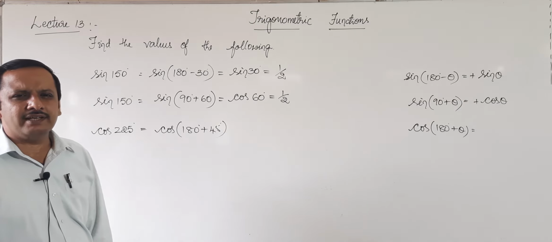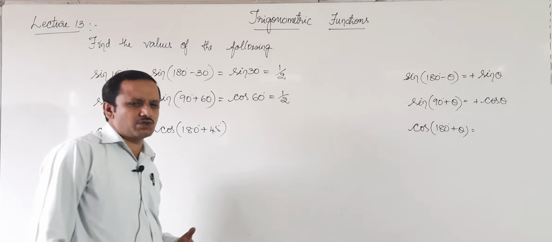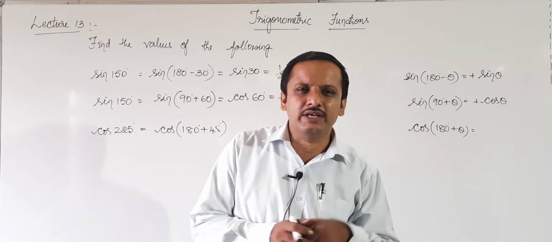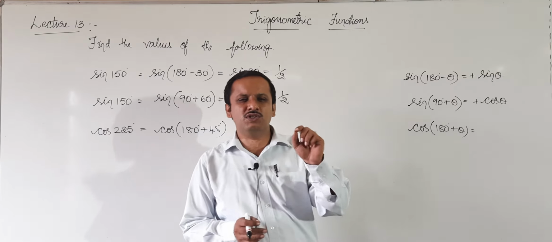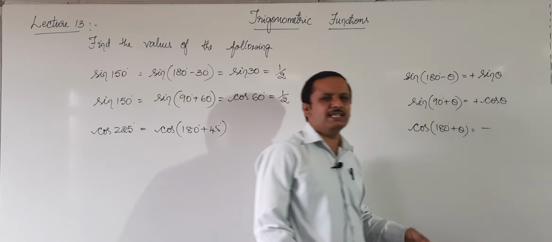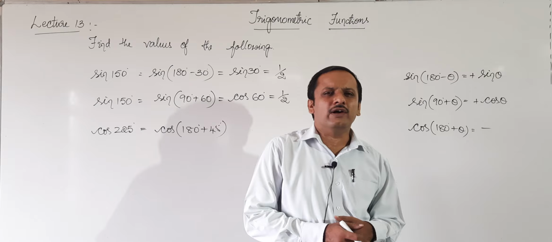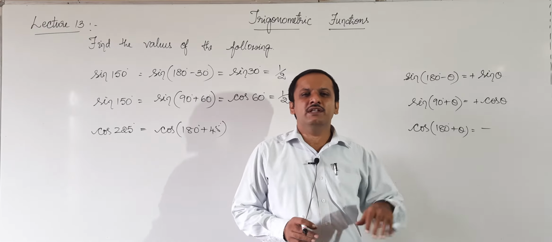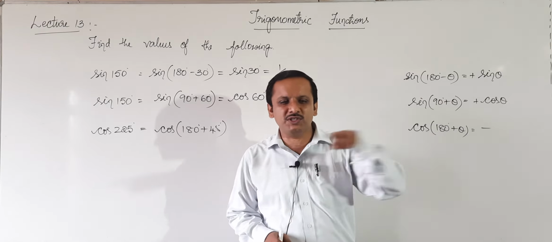Cos(180 plus theta). First thing we need to check is which quadrant it lies in. 180 plus theta means more than 180, so it lies in the third quadrant. In the third quadrant, cos, positive or negative? Negative, right? Because in the third quadrant only tan is positive. Tan is positive and therefore cot is also positive, and all the other trigonometric functions are negative. So cos is negative there, minus. Then 180 plus theta means we are using the horizontal line.